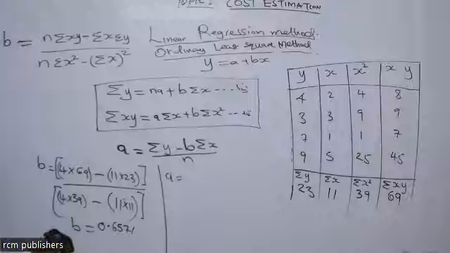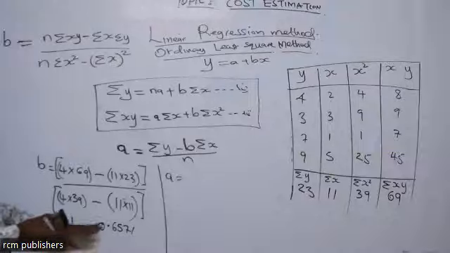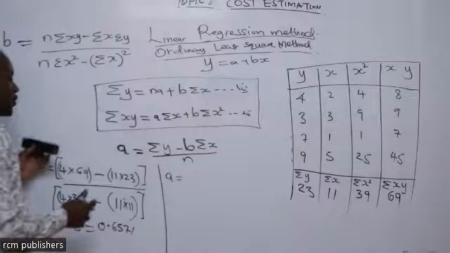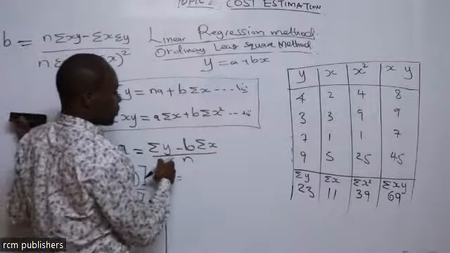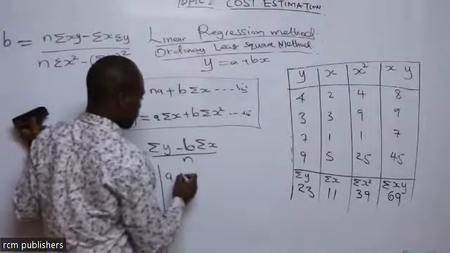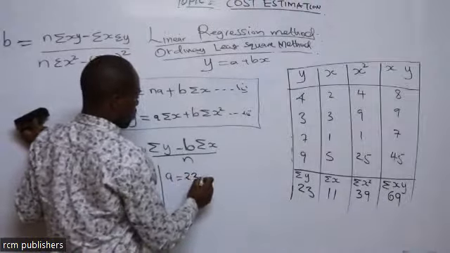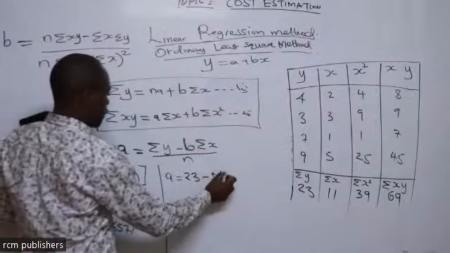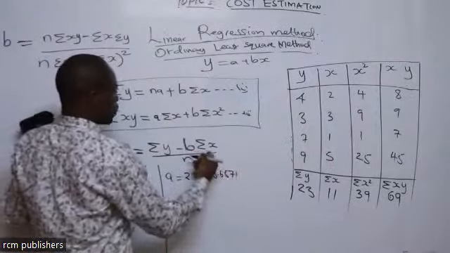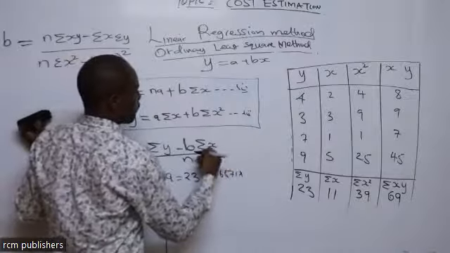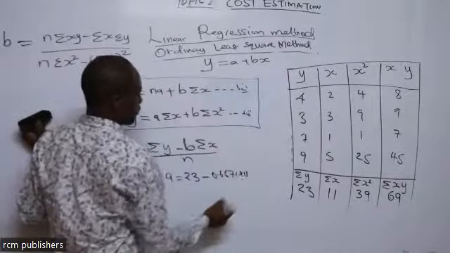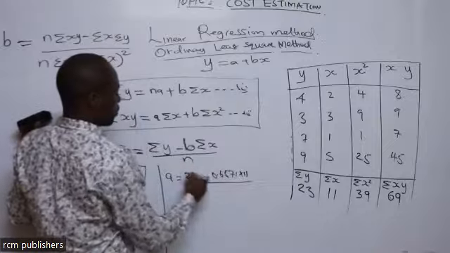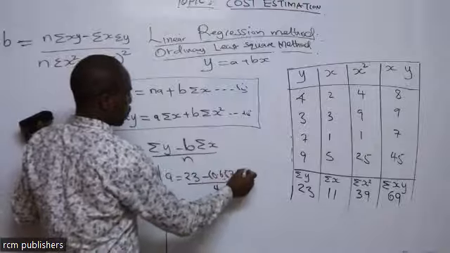Going forward, if you calculate the value of B, use 4 decimal places to help you at least have an accurate value for A. So our A will be summation of Y, 23, minus B, 0.6571, multiplied by summation of X, which is 11. Then we divide by N, which is 4. That's all.